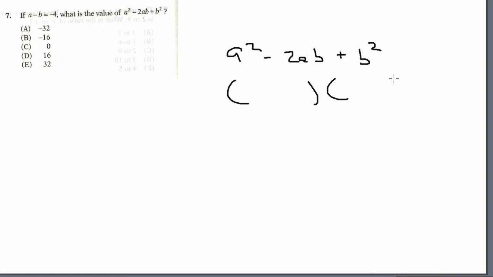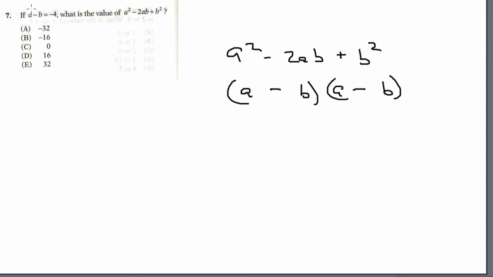So here I know I need an a on both sides. Here I need a b on both sides. It's positive, so they're either going to both be positive or both be negative. Because I have a negative here, I figure that I probably have a negative there, and actually that turns out to be the answer. You can convince yourself if that's true.